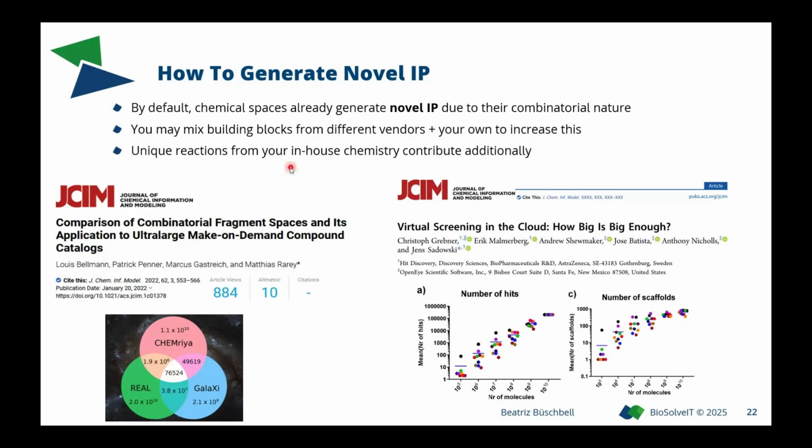But if you are creating your own chemical space, you may also mix building blocks from different vendors, plus your own proprietary building blocks, to increase this high level of IP. So you can use Enamine building blocks, your own, then you can use building blocks from a different vendor and put them also in your space. And that is where you really create a space that is of high value to you.